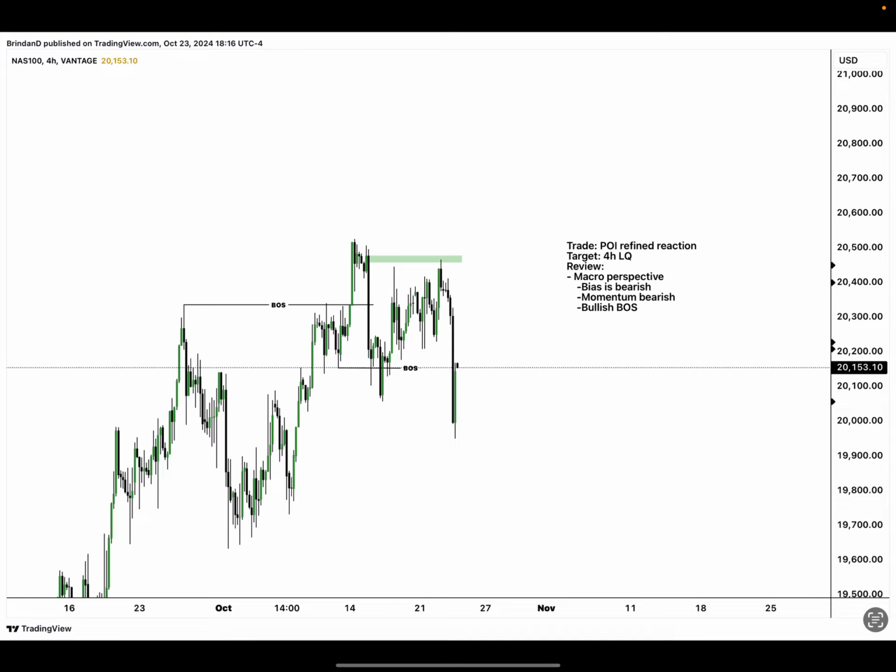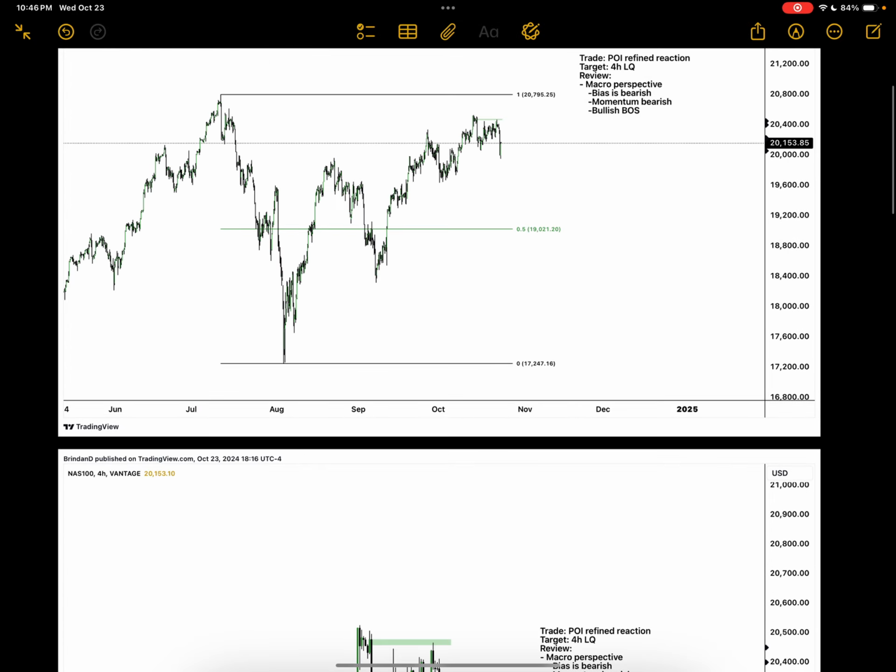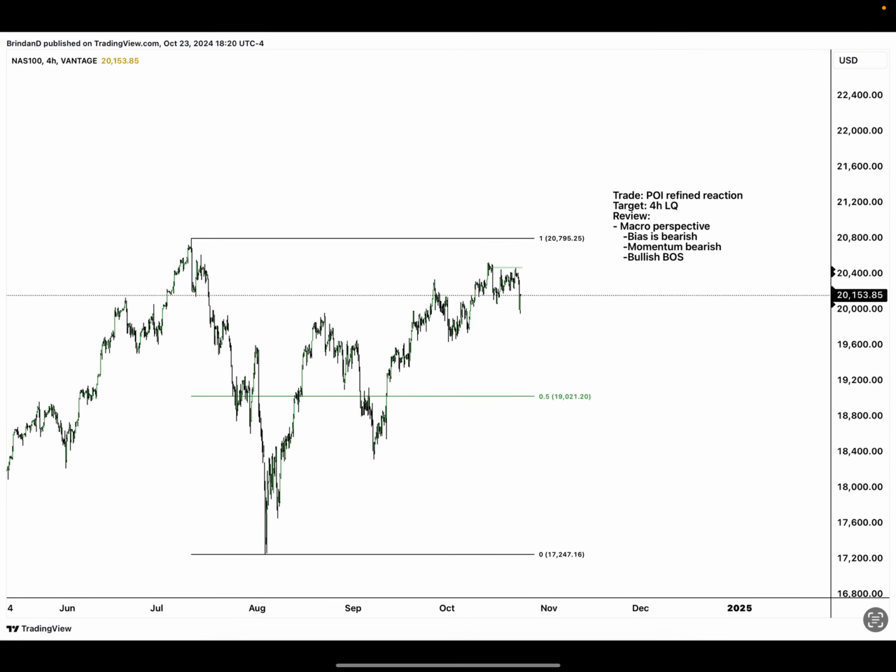But getting into the current area, actually, let me back up. Let me make sure I'm crystal clear on why I chose bearish bias. As you can see, I marked this range up here as a bearish range. Now we're moving into the premium side of this bearish range, and price action is beginning to contract.